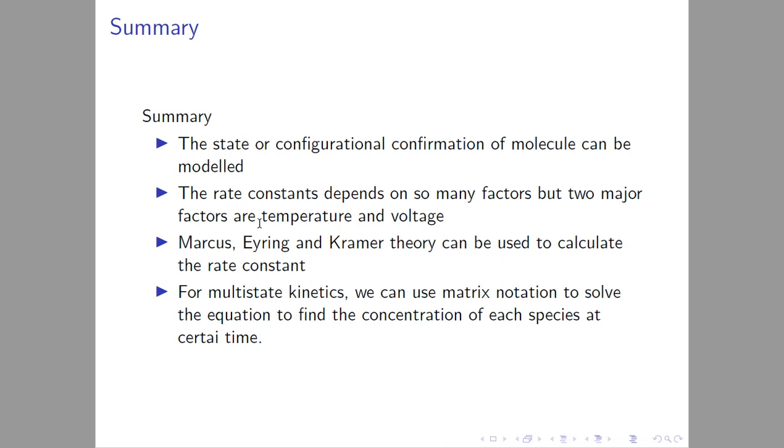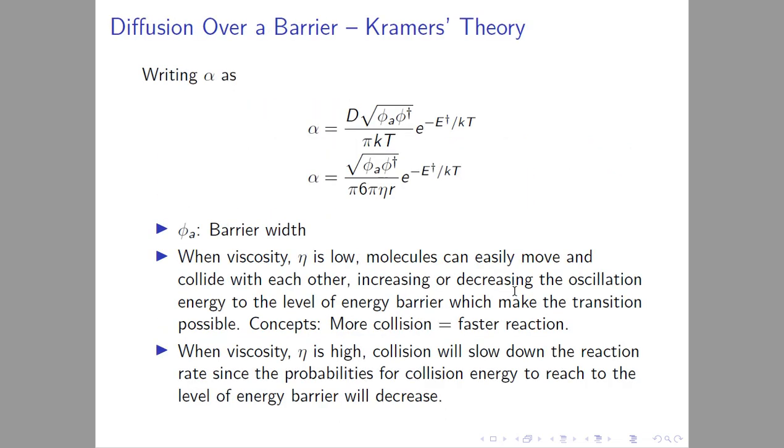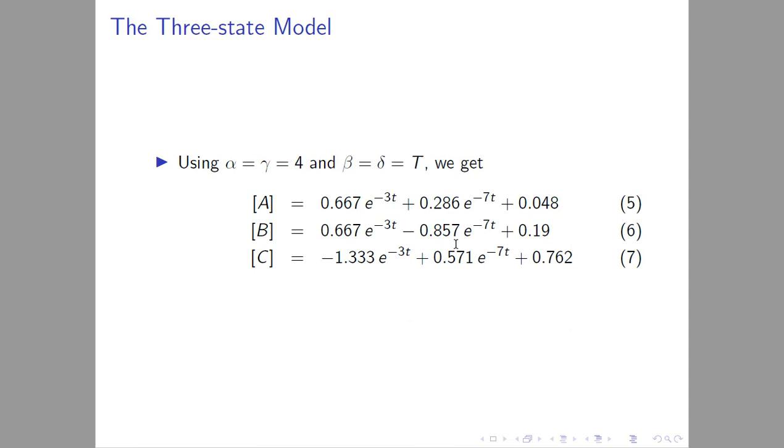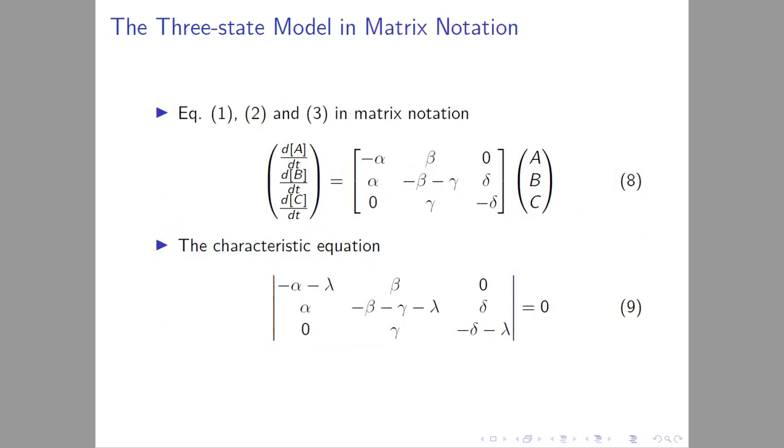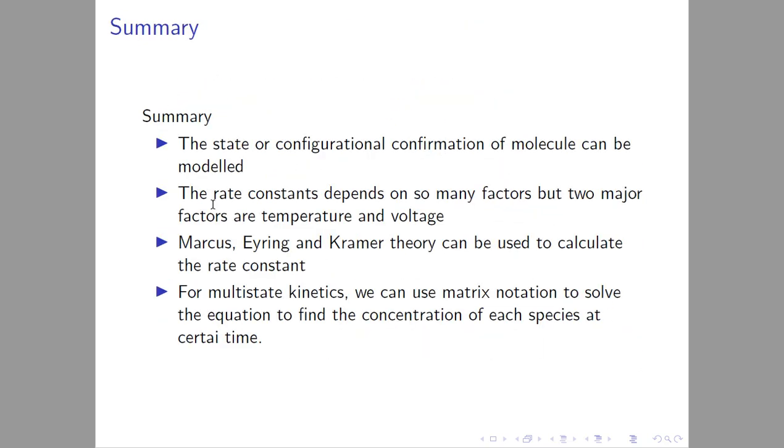We can use the matrix notation and do it by producing this equation, but trying to solve this by hand or by analysis takes a lot of time. So we can ask the computer to solve it for us. Okay, thank you.